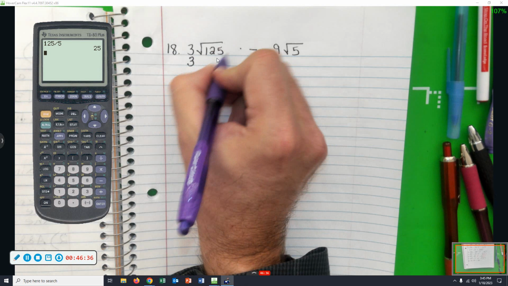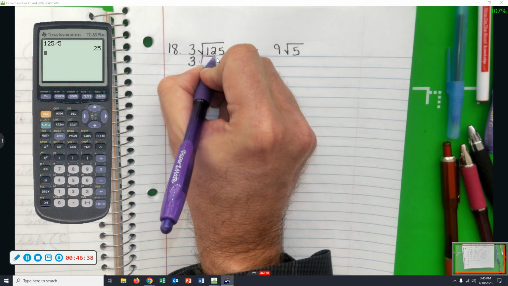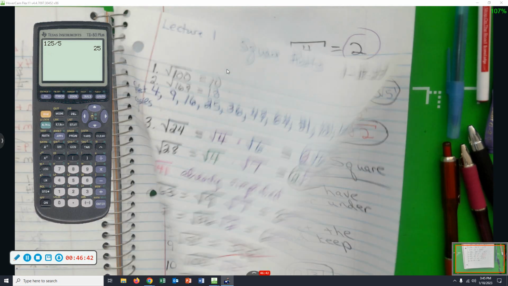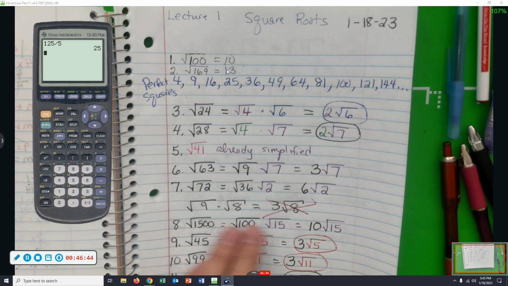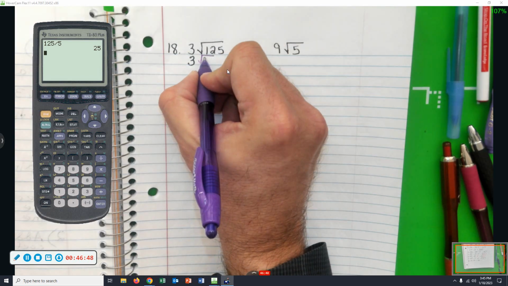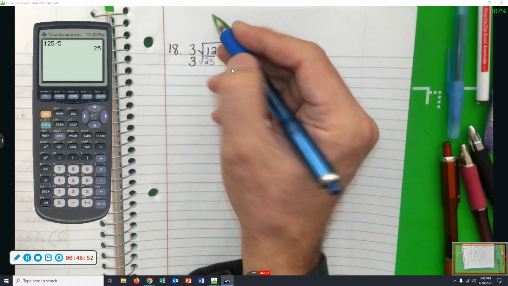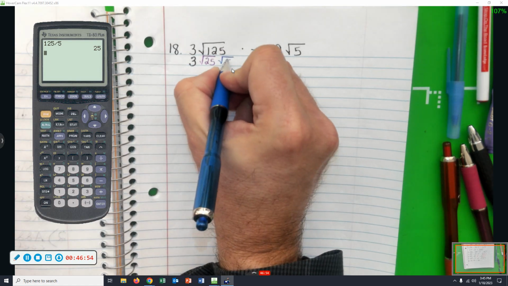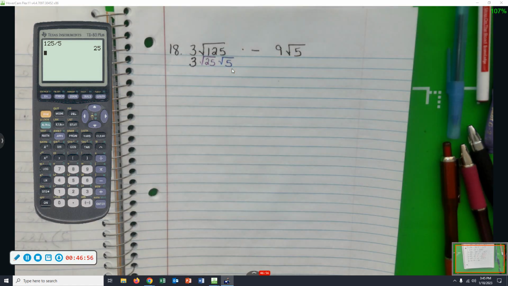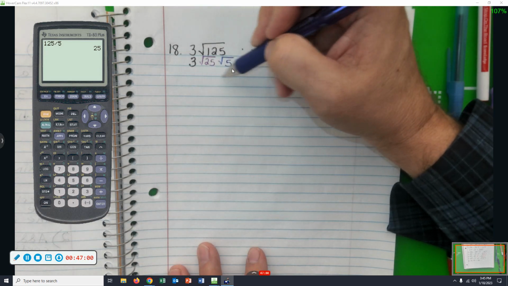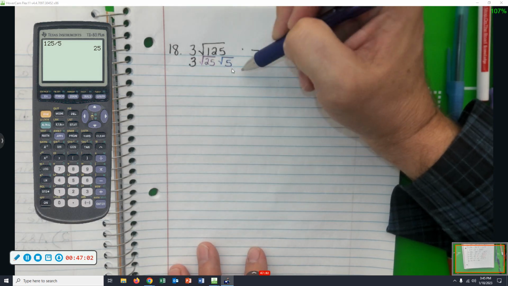Then, I'm simplifying the square root the same way we were simplifying square roots over here. Okay, like 63, 9 times 7. So, 25 times what? 5. So that square root of 125, he just replaced with the square root of 25 times 5.